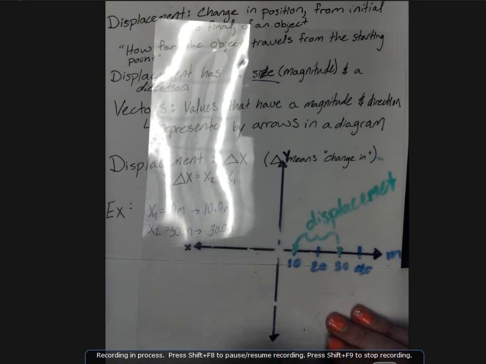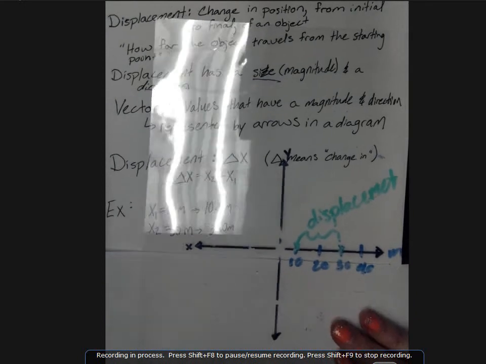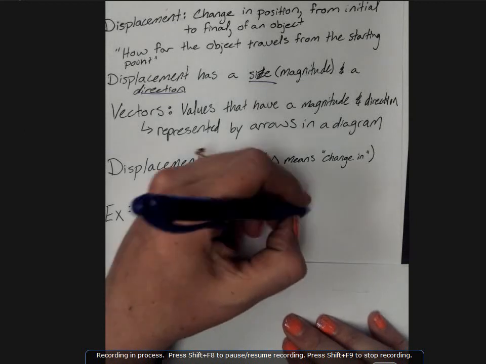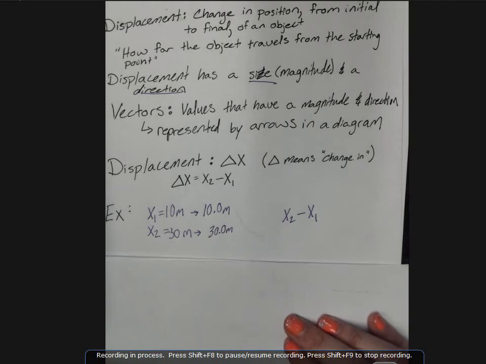Our displacement is the difference between this 10 and this 30. And we need to know, did we travel in the positive direction or in the negative direction? Well, we displaced to the right. So that means that if we're going to calculate our displacement, we're going to need to consider the final minus the initial, and that will give us the difference between the two.